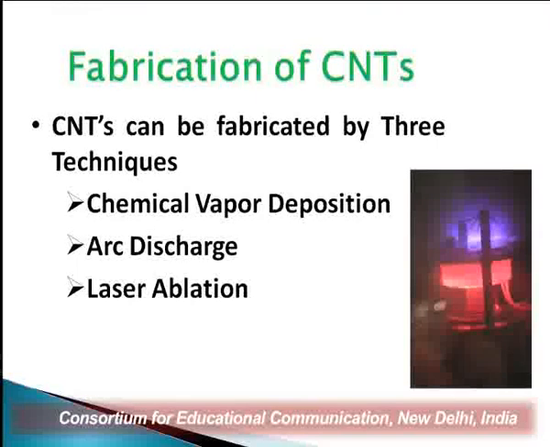Let us discuss the three methods most prominently used in laboratories: number one is the chemical vapor deposition method, second is the arc discharge method, and third is the laser ablation method. These three methods are used for the fabrication of carbon nanotubes.